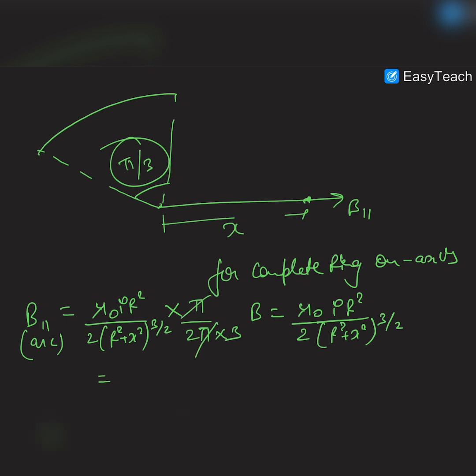So B will be mu naught I R square by 12 (R square plus x square) to the power 3 by 2. This is B parallel due to the arc. So this is the direct method to find only B parallel due to an arc on its axis. Thank you.